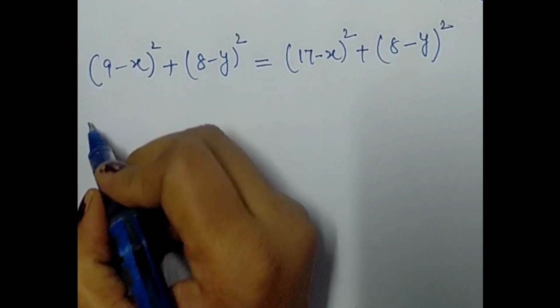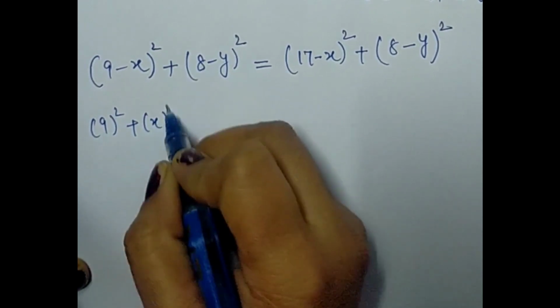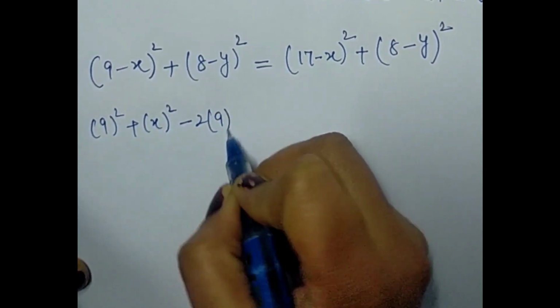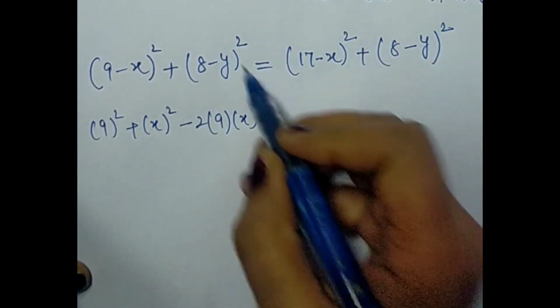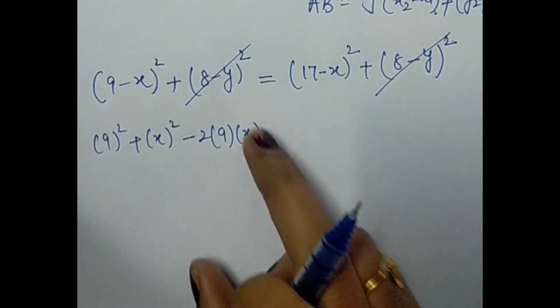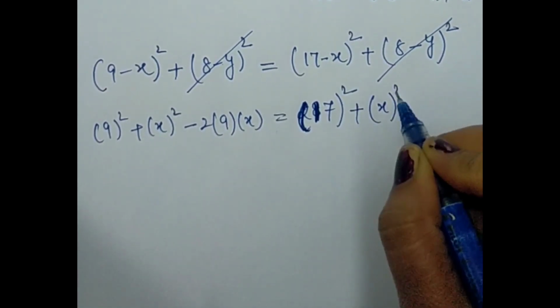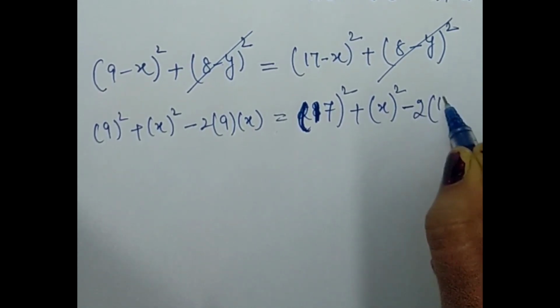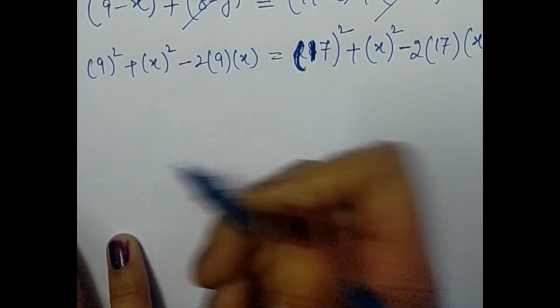So (a minus b) whole square is a square plus b square minus 2ab. Now (8 minus y) whole square and (8 minus y) whole square, you can see they are on both sides, so we can cancel them because they are the same. So let's solve for the next now.